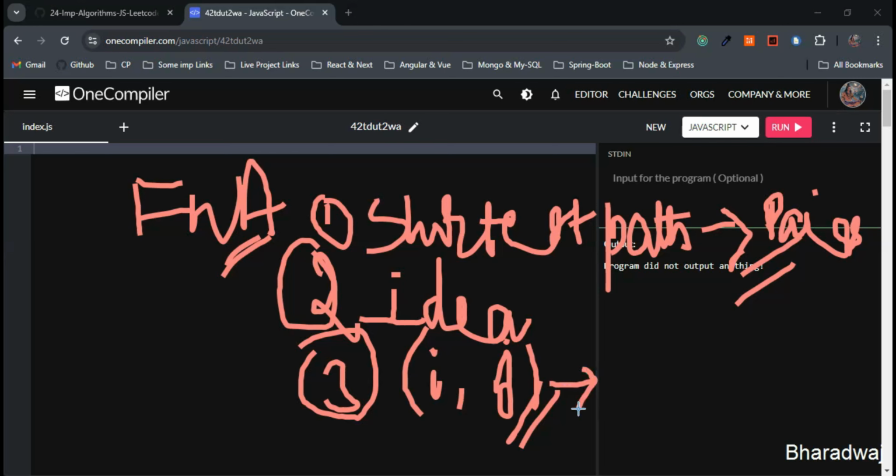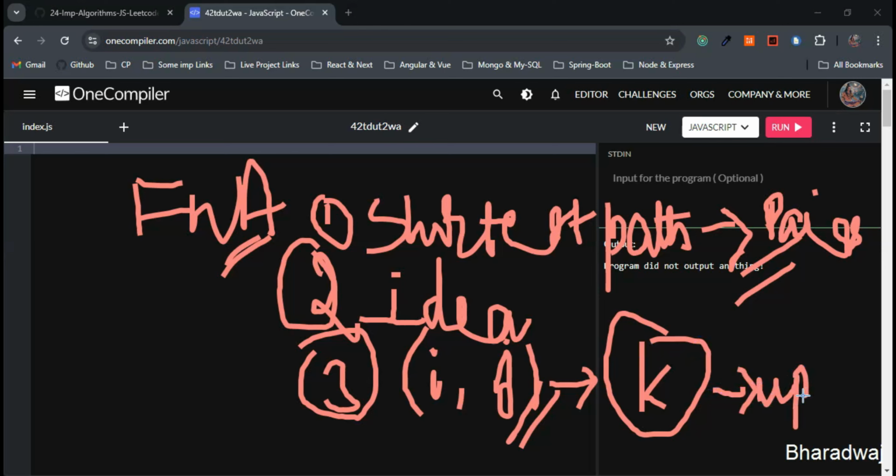So for every pair of nodes i and k, we will be checking by going through an intermediate node k here. If it gives a shorter path, then we will update the shortest path. I'll just write SP over here.